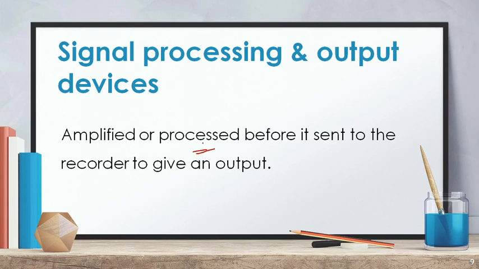First of all, the basic requirement is a radiation source. Once the source is known, next we have to insert the sample. For inserting the sample, we have a particular arrangement, a sampling device.